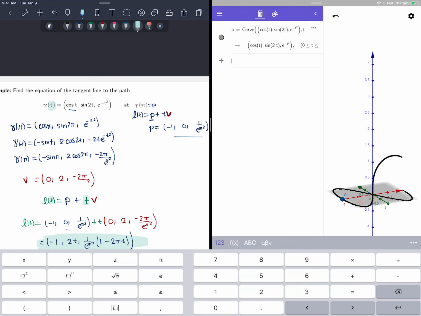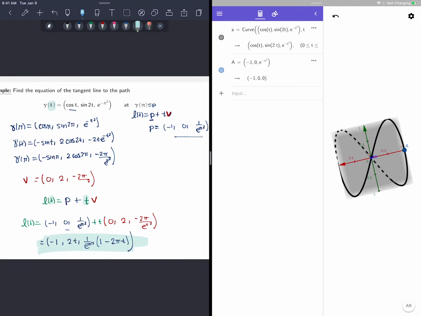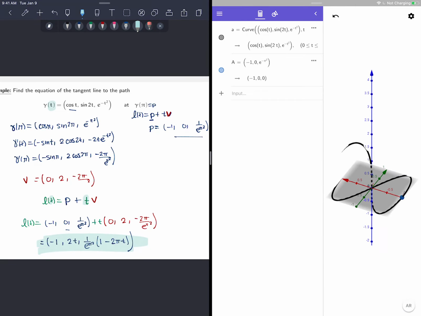So it types here a 0, negative 1, 0, 0, if you see that. And it's really not 0, 0. If you click here on my computer, it's a very small number, so it's approximating to 0 here. But if you do it in a browser, this is not going to be 0. I'm trying to click on it, but you can't see it. But if I click on this, you see it's a long decimal. It's not 0. But it's the point that we got here, the point A, right? It's the point of tangency.